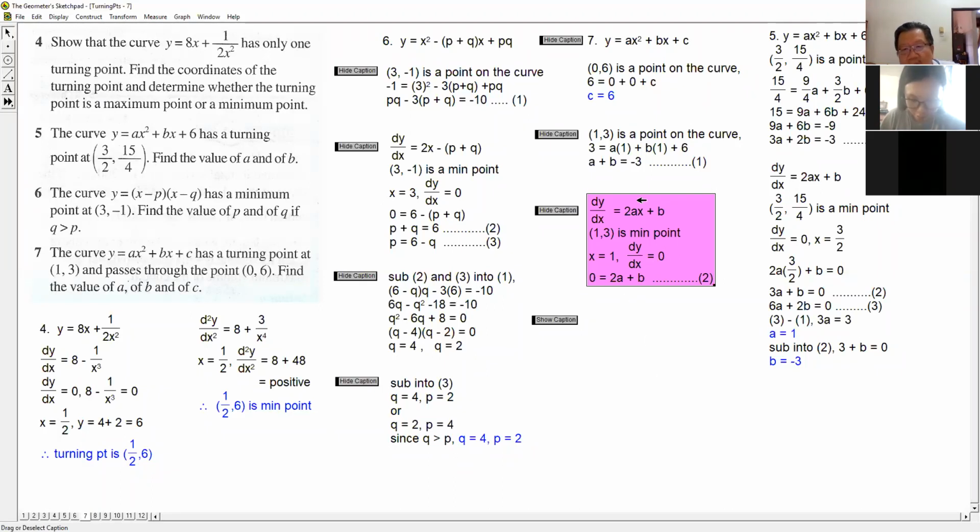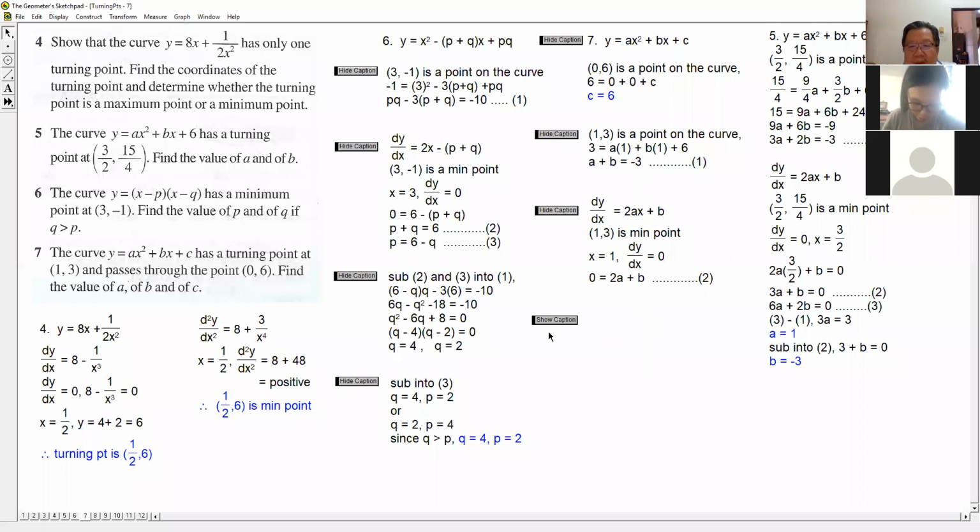Now, solving these equations simultaneously, I can find the values of a and b. How to solve these equations? You just use equation 2 minus equation 1, so you can find the values of a and b.